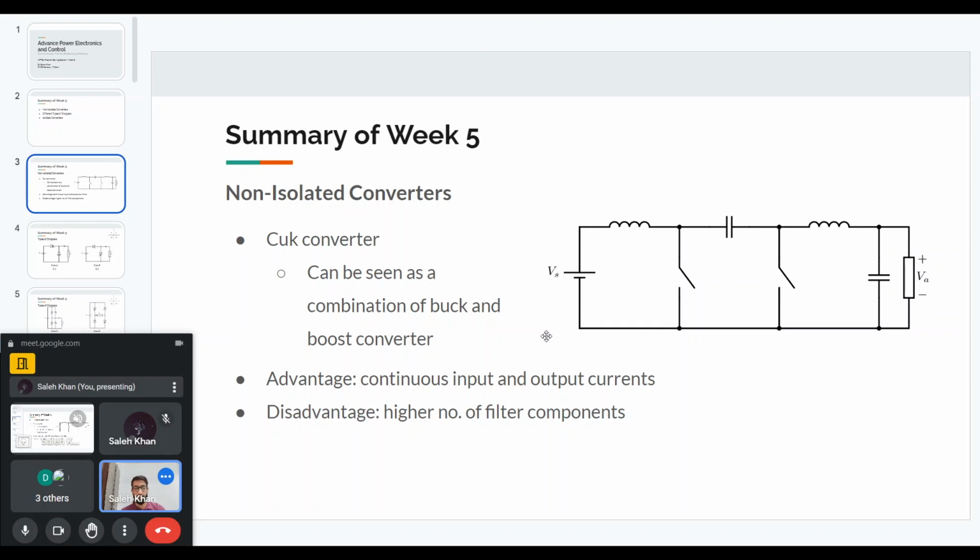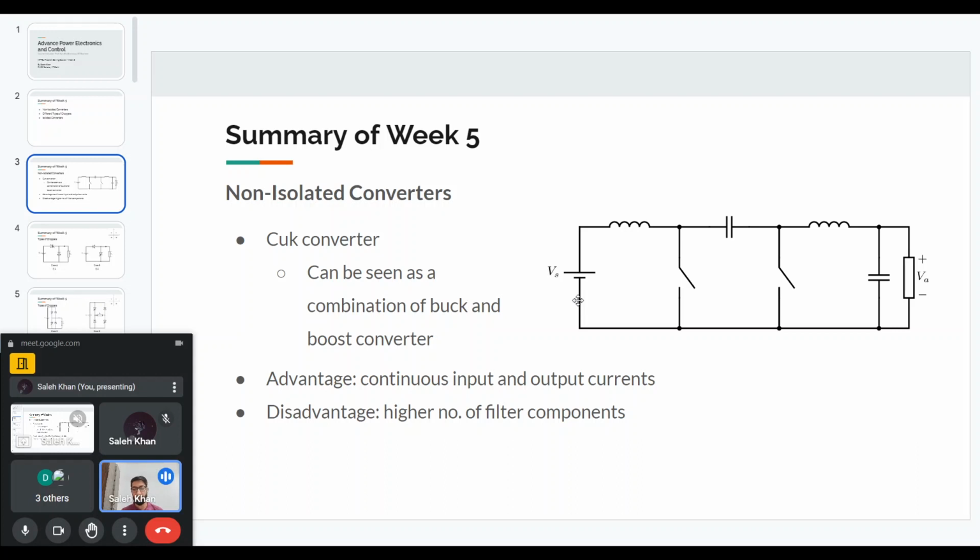So for the Chuk converter, because it has inductors on both the input side as well as the output side, the input and output currents are smoother and more continuous. For example, in the case of a PV source, the power that is drawn from the PV is highly dependent on the voltage and current of the PV.